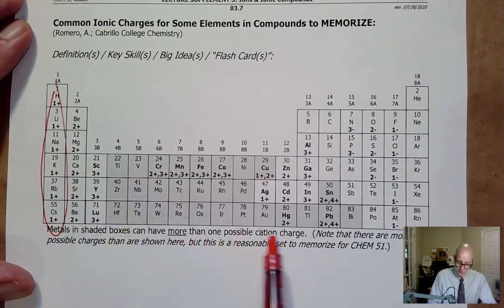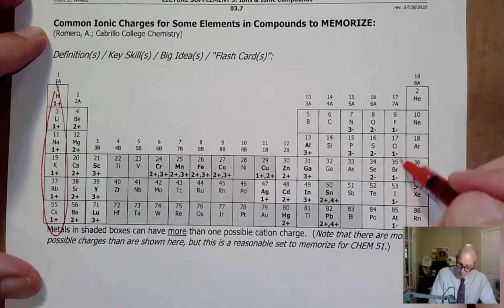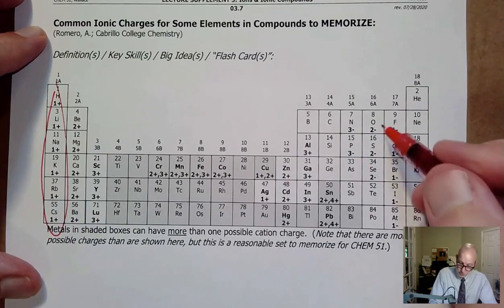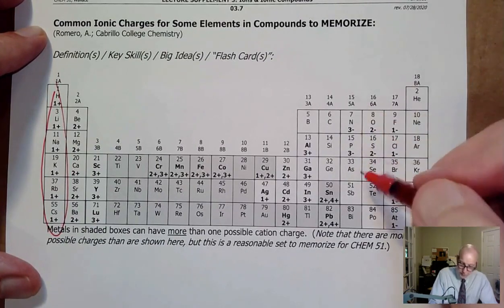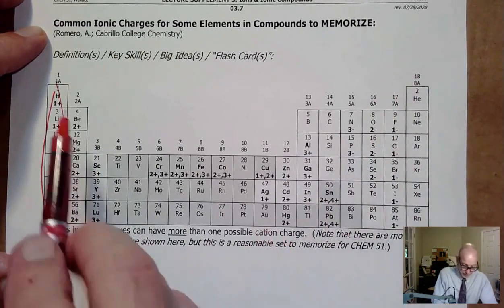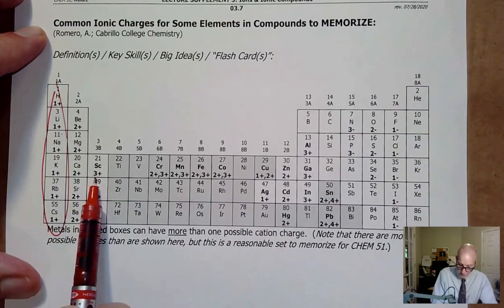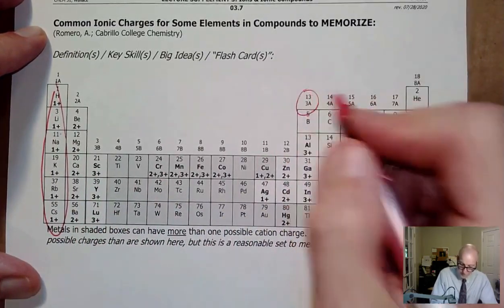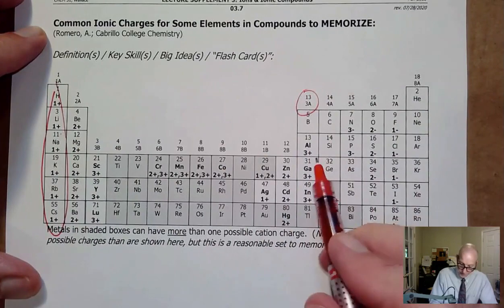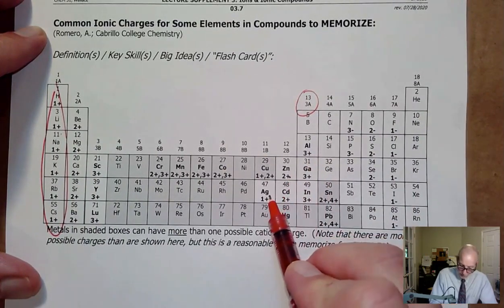Then there's all this gray. The gray means, not always sure. So let's go over here. 1 minuses, 2 minuses, 3 minuses. Now there's a little bit of a weird thing here, but I go 1 plus, 2 plus, 3 plus, and there's 3A, 3 plus, 2 plus, 1 plus.